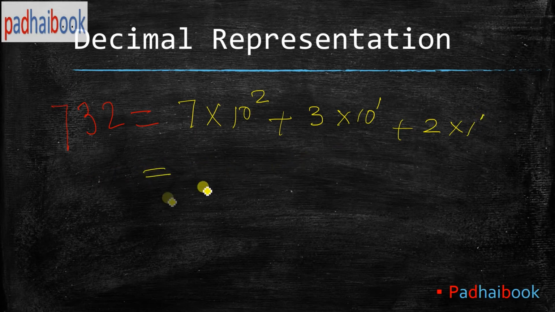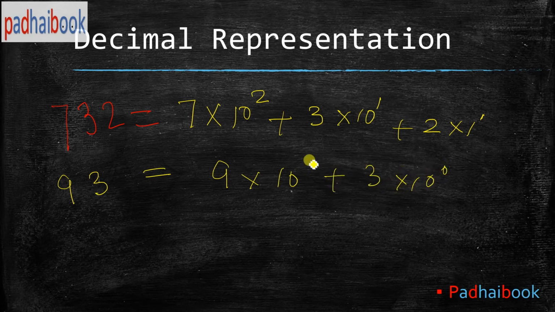Let's take another example. 93, very simple number. 9 into 10 plus 3 into 10 to the power 0. Cool.